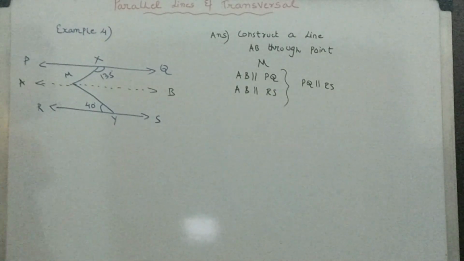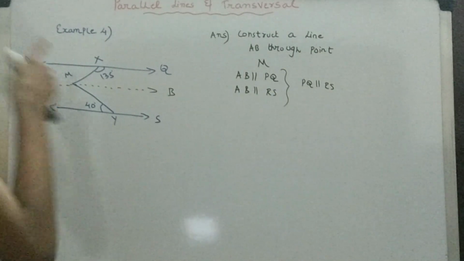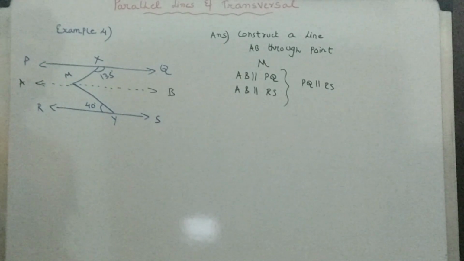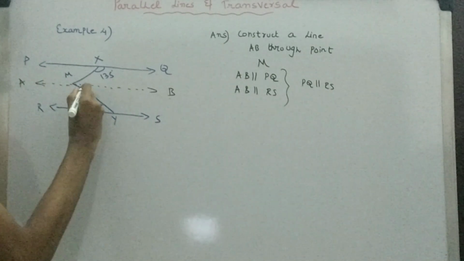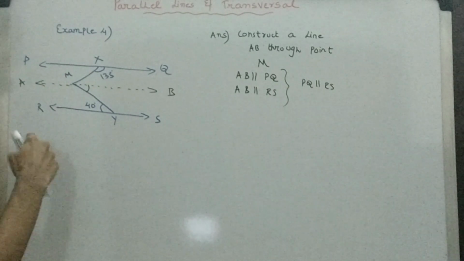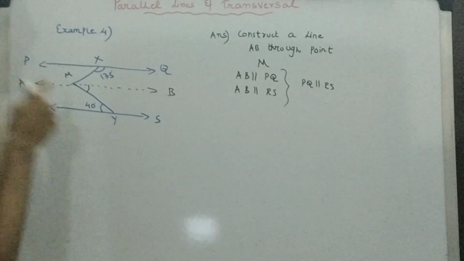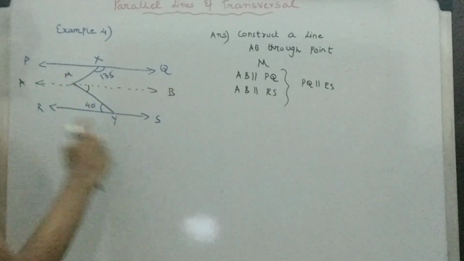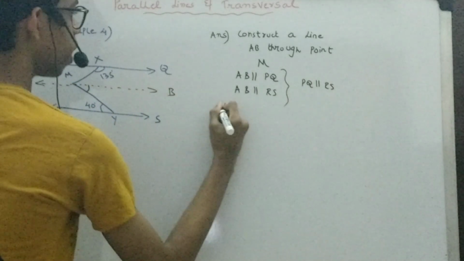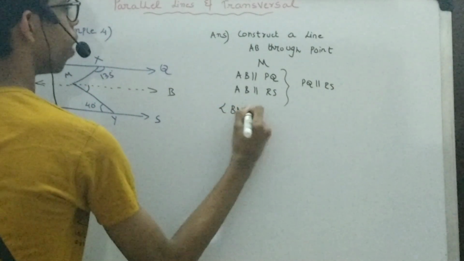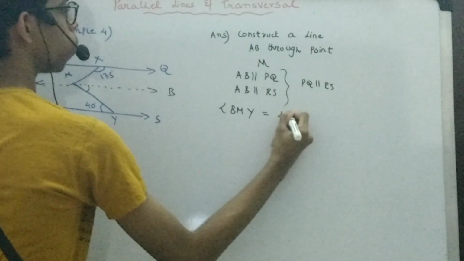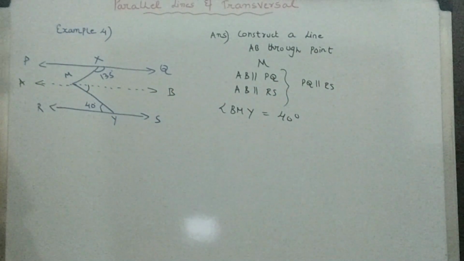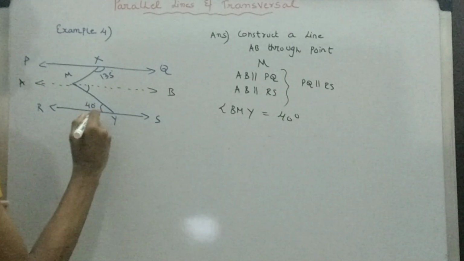Now, in order to find the value of this angle XMY, first of all, let's find out what this angle is. If you see over here, this angle BMY is equal to 40 degrees. If you see over here, this angle and this angle are alternate interior angles.